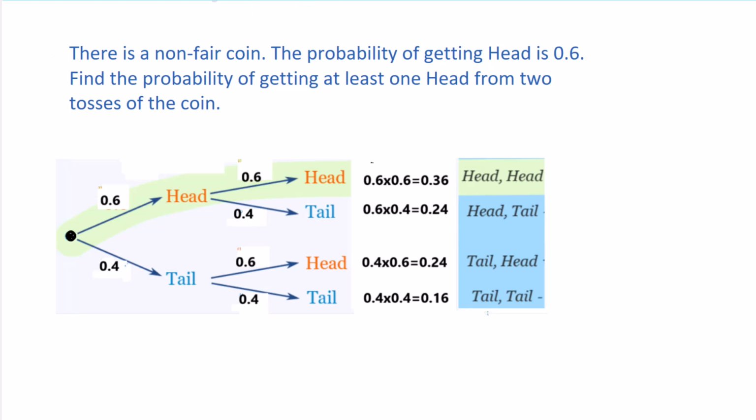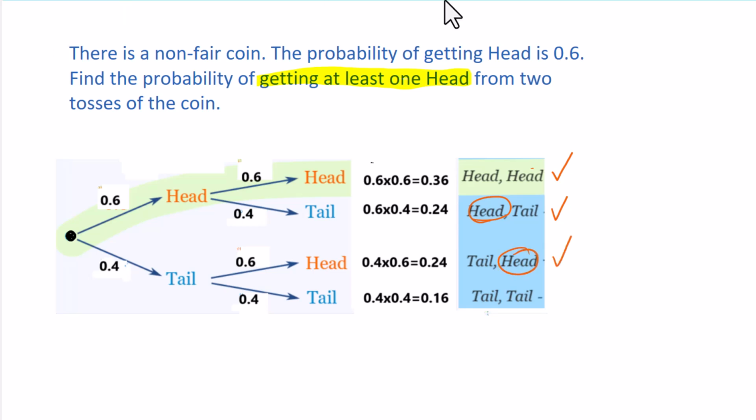We need to figure out the probability of getting at least one head. For this tree diagram, at least one head: this line, because we have a head here, and we have a head here.